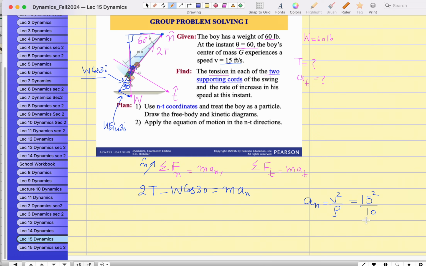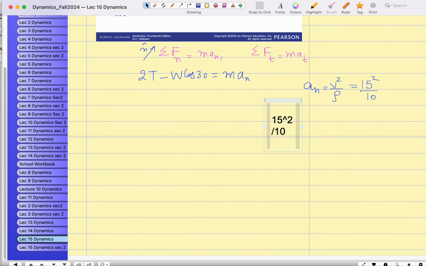If you do the math, it's about 22.5. Am I right? Let me check. So it's 22.5 feet per second squared. So we are happy now.